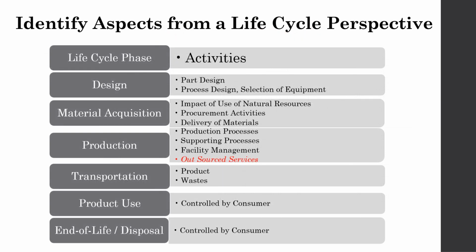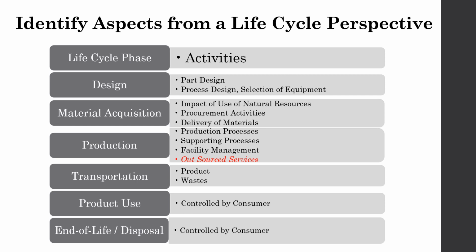So now what we want to do is take a life cycle perspective. We're going to look at our internal processes along the phases of the life cycle, whether it's product design, process design, or material acquisition, the activities that we do or influence, we control or we influence activities, and then what are the associated aspects within each stage of the life cycle. And this is what it's talking about.